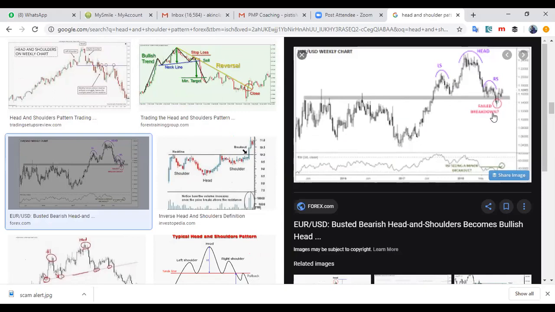Why? Because it's a fake breakout. Now, this might not eventually be traded. So what am I saying? Until this is broken and retested, you know you're not supposed to trade this. And that's why I prefer to take my trade from the shoulder, because I will have made some money here and probably get out and go for another trade. But that's just my own method. It might not work for you.